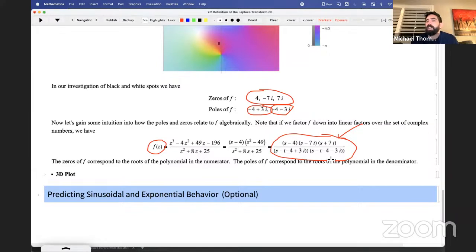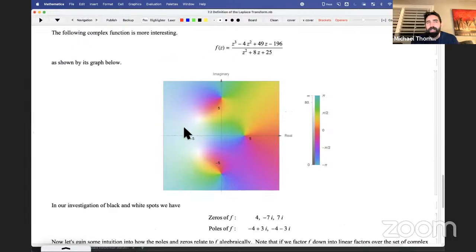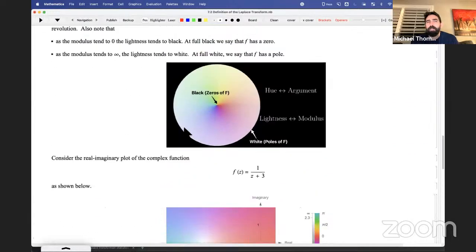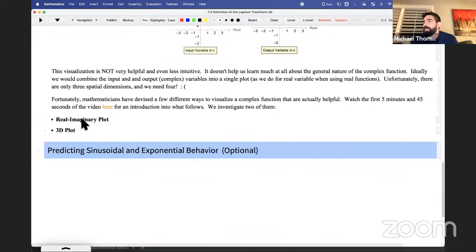Okay, so this is all fine and dandy, and it's cool looking, but it's kind of hard to spot the poles. It would be nice if we could come up with another way of graphing it that is a little more spatial. The problem is we only have 3 spatial dimensions. So I'm going to stick with the same complex plane for the input variable.